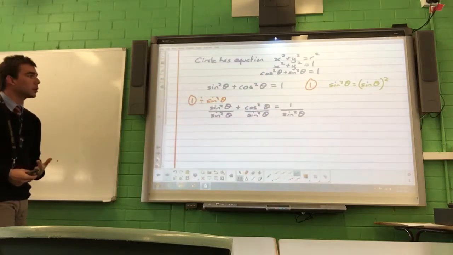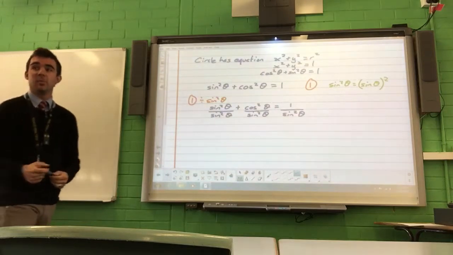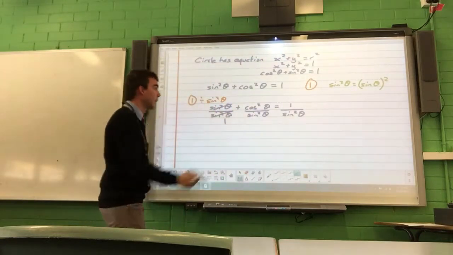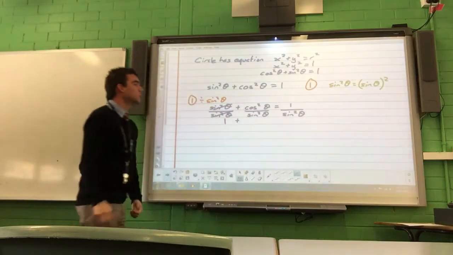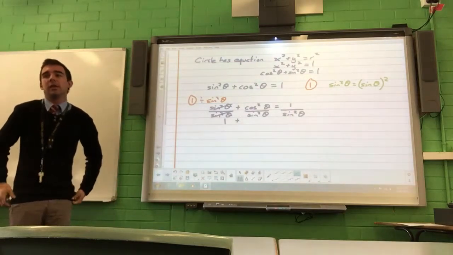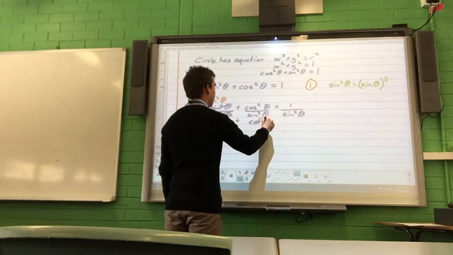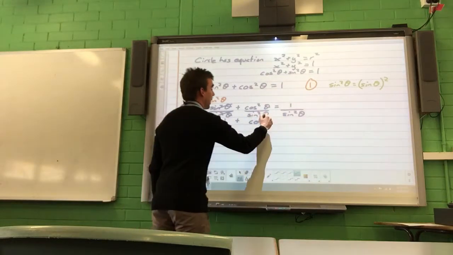What is sine squared of theta divided by sine squared of theta? 1. They'll cancel to get 1. Now, what is an expression for cos squared of theta divided by sine squared of theta? Cot squared of theta.